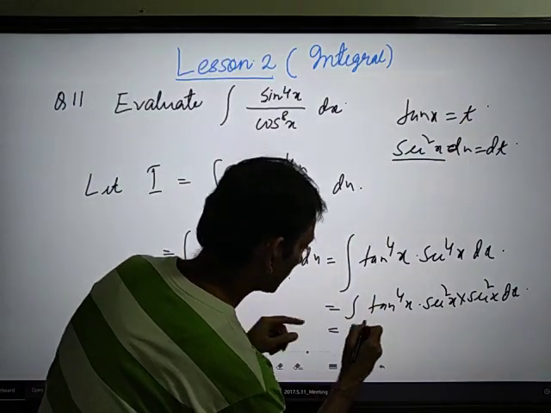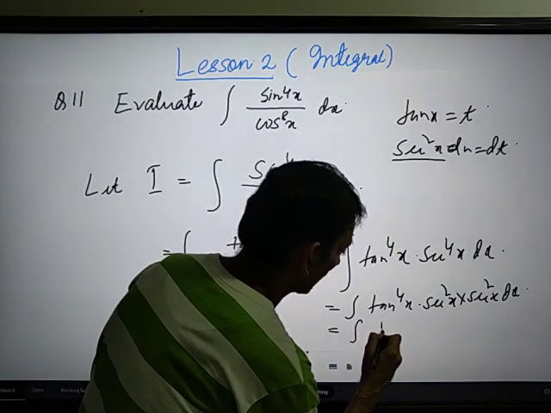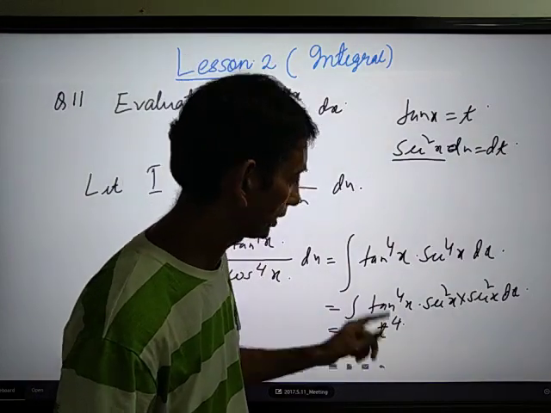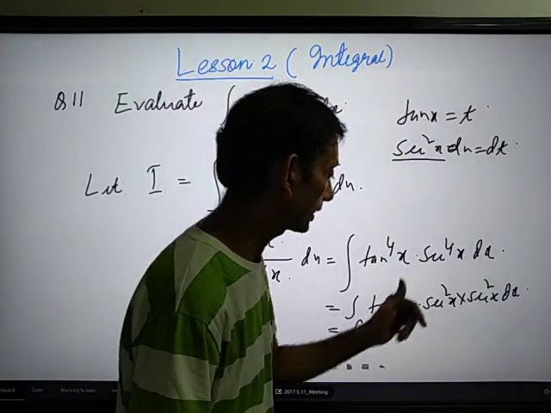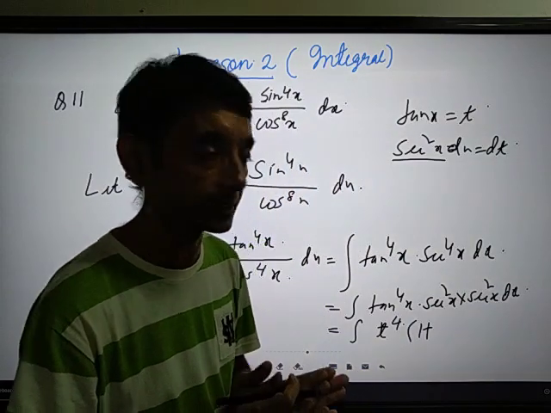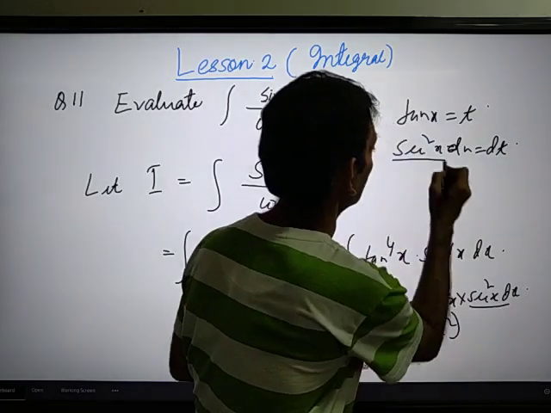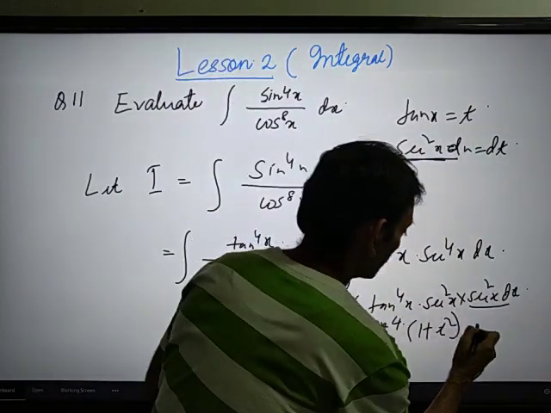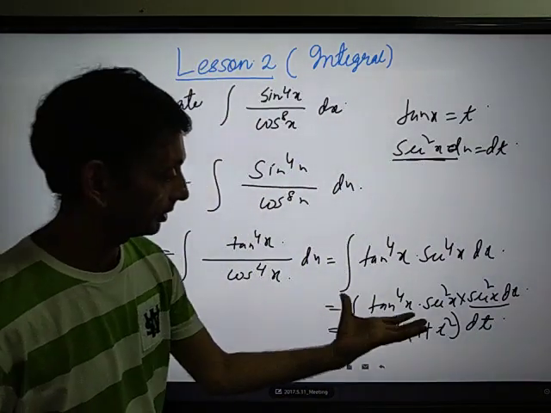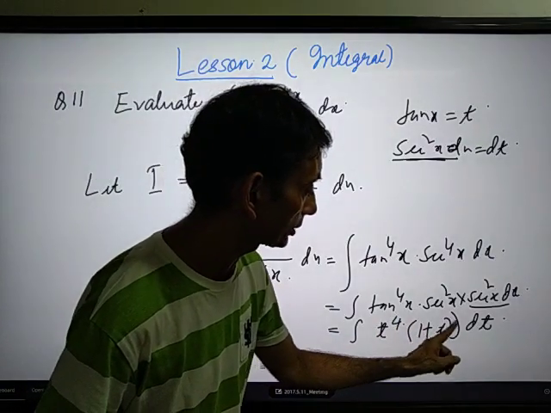Now let's go for this substitution: tan x equal to t, sec square x dx equal to dt. So tan to the power 4x can be written as t to the power 4, because tan x equal to t. Now sec square x, we know, is 1 plus tan square, so we can write 1 plus t square, and sec square x dx can be replaced by dt. The steps are very simple now: t to the power 4 into 1 plus t square dt.